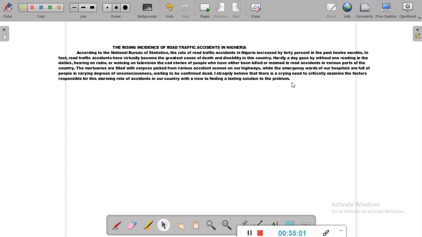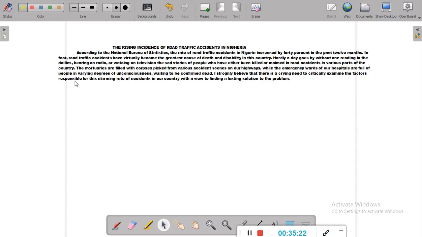This is our viewpoint, and we have already made the reader know specifically what this essay is all about, what this article is all about. We have an opinion, we have a strong belief that there is a need to critically examine the factors.